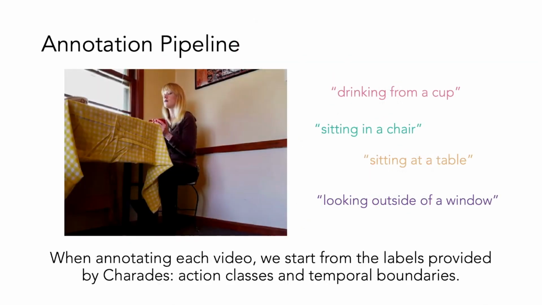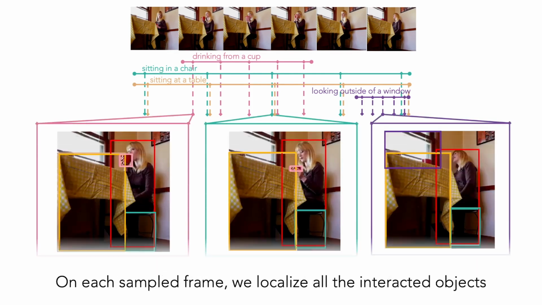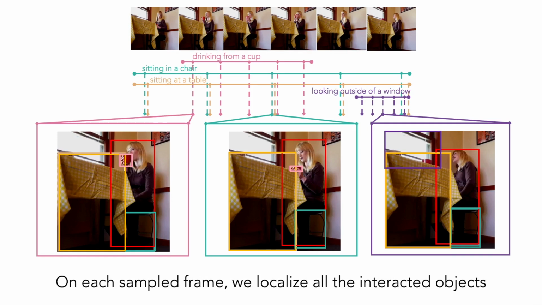When annotating each video, we start from the labels provided by Charades, which are action classes and temporal boundaries. We uniformly sample 5 frames from the time interval of each action. On each sampled frame, we localize all the interacted objects.